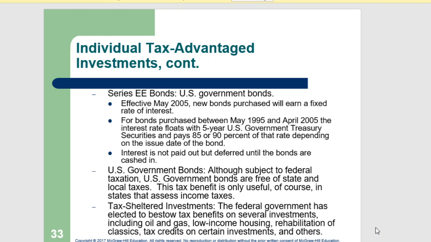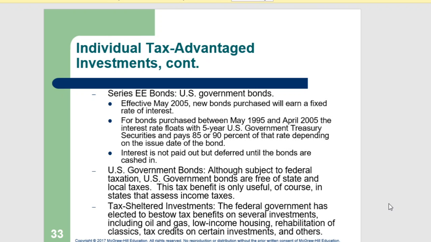The tax code is incredibly complex, so there are specific provisions that give tax advantage to oil and gas investment, low income housing, and a laundry list of weird things that are slightly advantaged with respect to tax treatment.